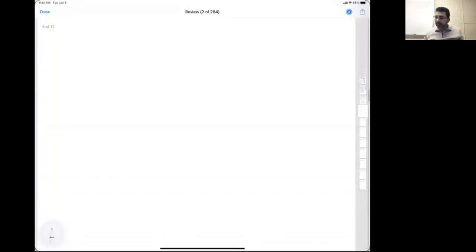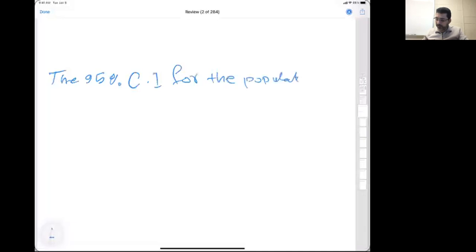We said that, for example, the 95% confidence interval for the population mean or average mu is X bar plus or minus 1.96 times the standard error.